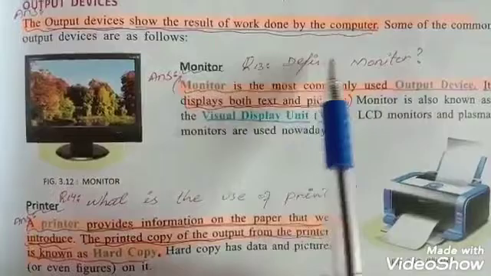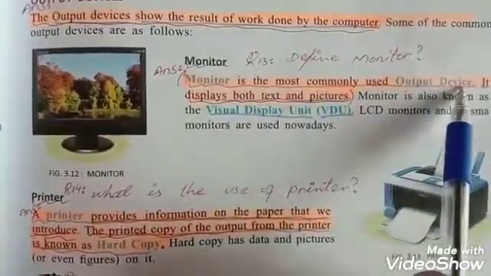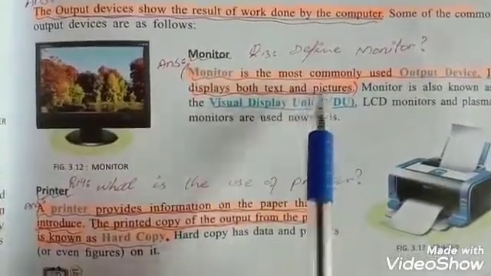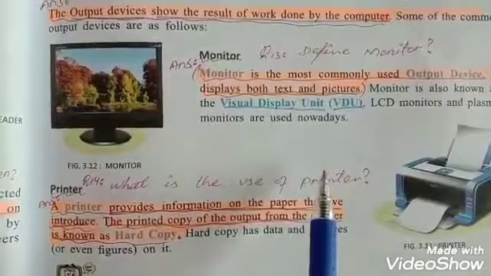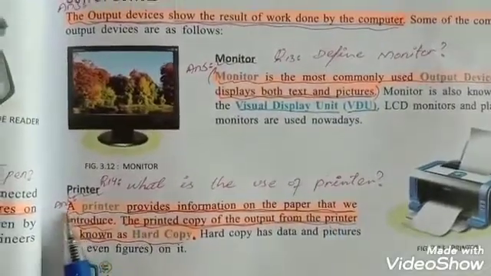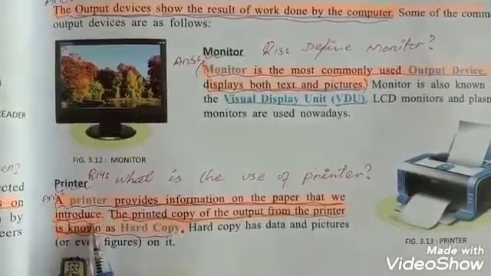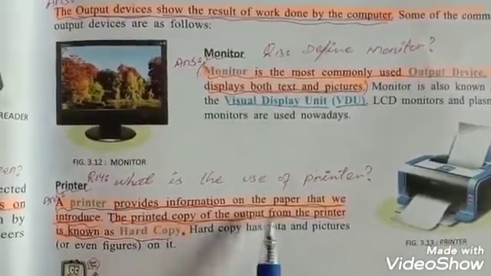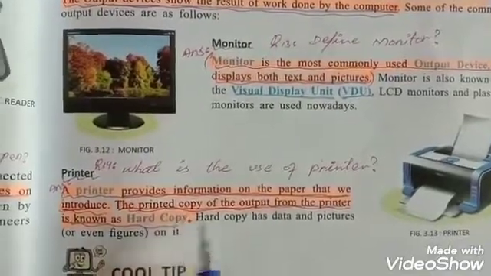Question number 13. Define monitor. Monitor is the most commonly used output device. It displays both text and pictures. Question number 14. What is the use of printer? Answer: a printer provides information on the paper. The printed copy of the output from the printer is also known as hard copy.